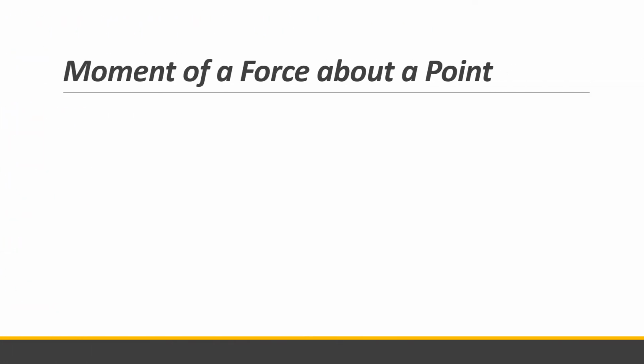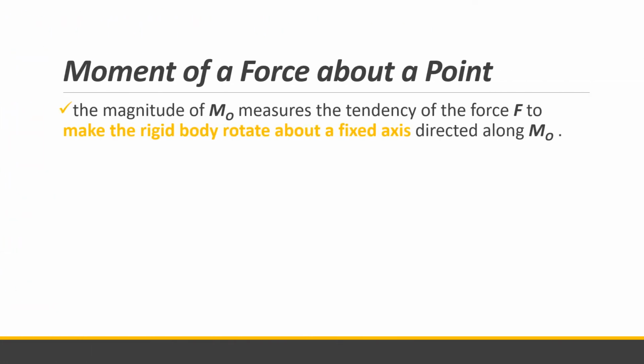Okay, so moment of a force about a point. So what is a moment? So moment, or the magnitude of moment MO, measures the tendency of the force to make the rigid body rotate. So ito yung pinaka-keyword natin, rotate about a fixed axis along MO. So take for example a body here.